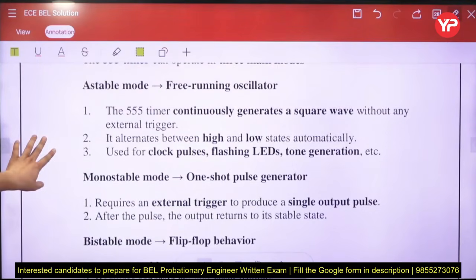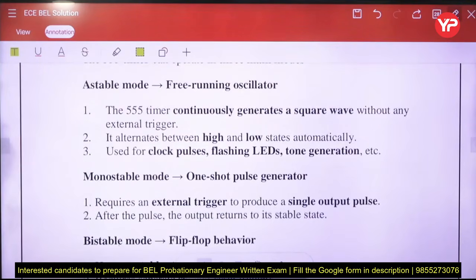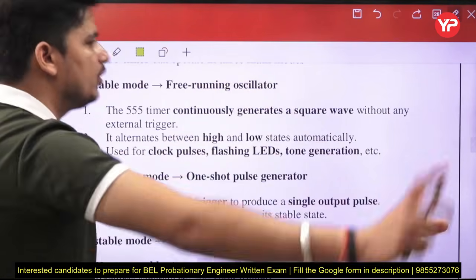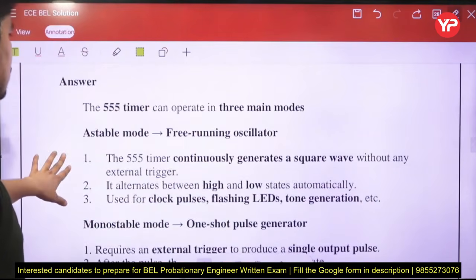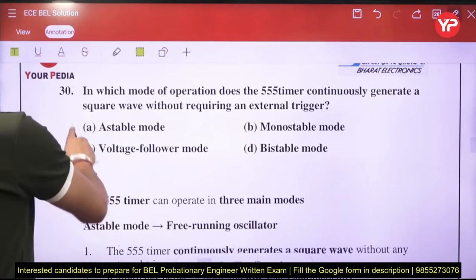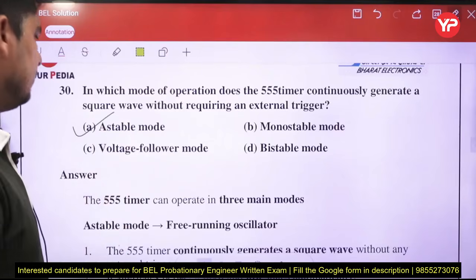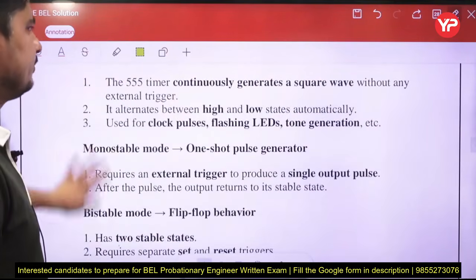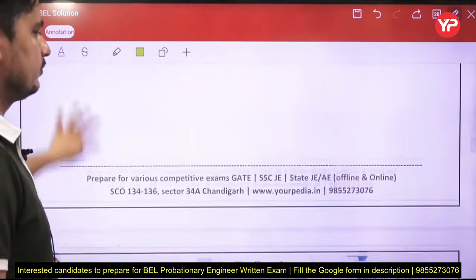When we talk about monostable mode, monostable is a one shot pulse generator. It means it will generate the pulse and go down. And the free running oscillator is the astable multivibrator. So if you want to generate a continuous square wave without any external trigger, then you should use the astable multivibrator mode, right? Next thing.